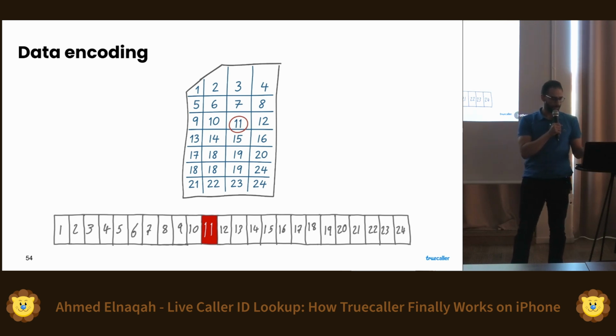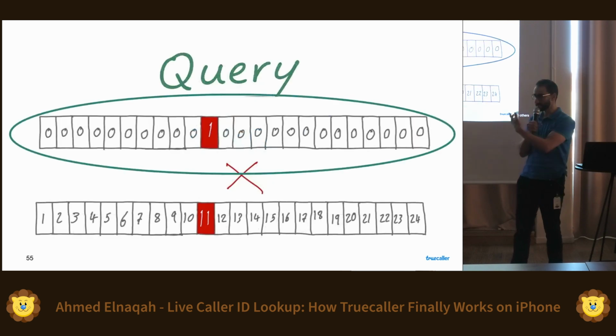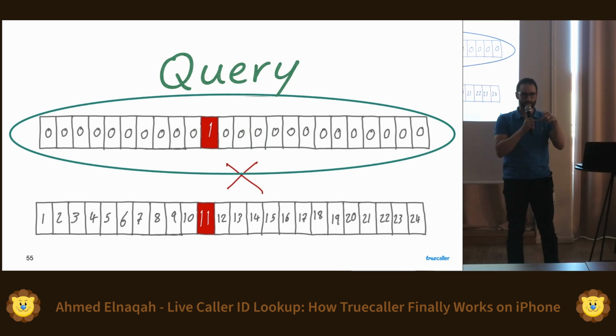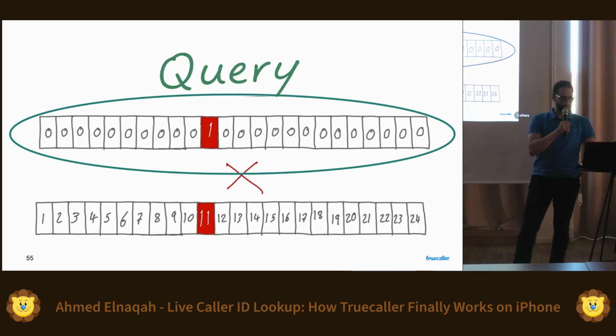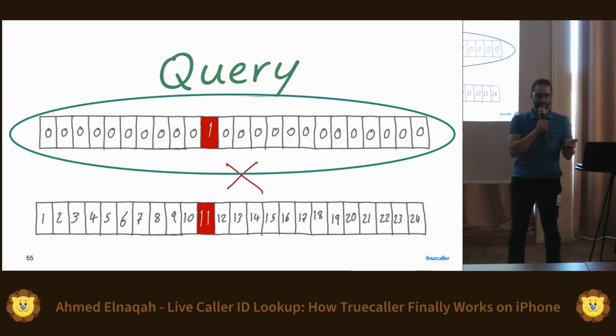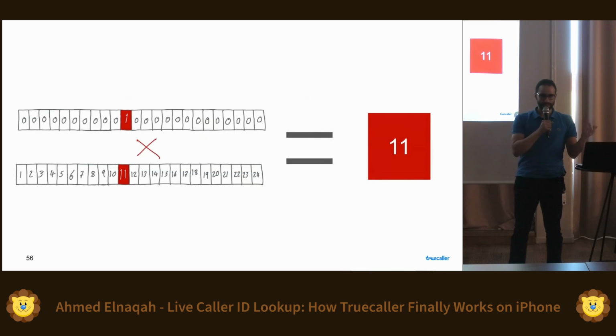How will your query look like? It probably will look something like that, where you mask everything else and just get bucket number 11. So we will have an array of binary, and then we will dot product it or multiply it with the shard that we have. And this should get us the result, which is 1 bucket, the exact bucket that we need.